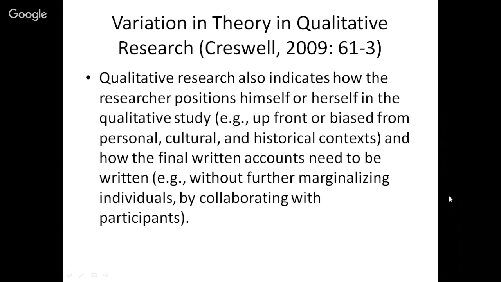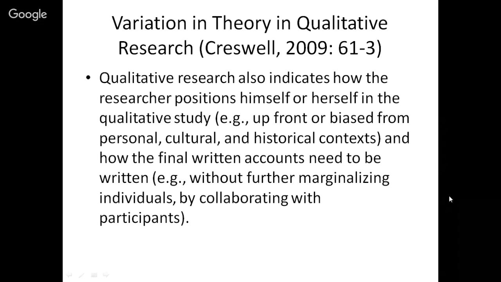Qualitative research also indicates how the researcher positions himself or herself in the qualitative study, upfront or biased from personal, cultural, or historical context, and how the final written accounts need to be written without further marginalizing individuals by collaborating with participants, etc. So this is very important. Let's read this first part again. So the qualitative research also indicates how the researcher positions himself or herself in the qualitative study.